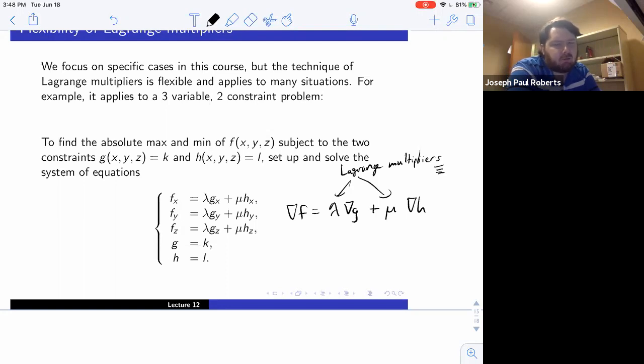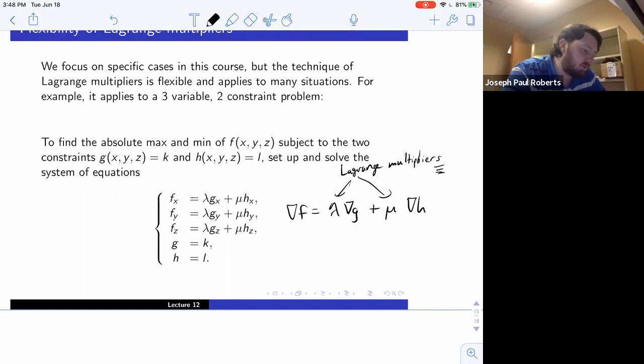And so in the language of Math 220, essentially the whole technique of Lagrange multipliers boils down to this: the gradient of the function you're trying to optimize has to be a linear combination of the gradients of the constraint functions.